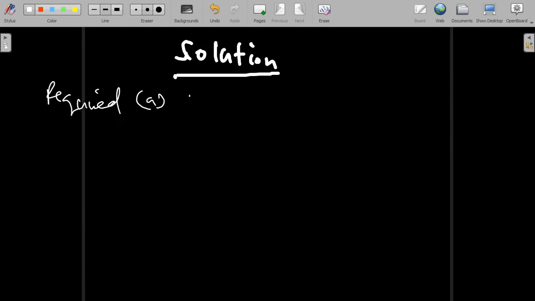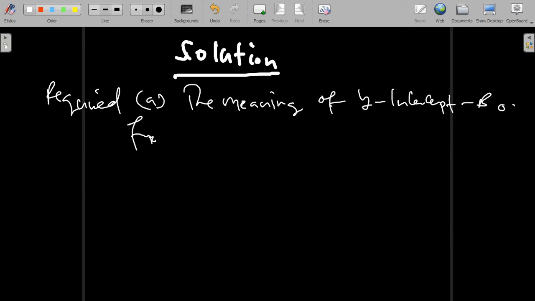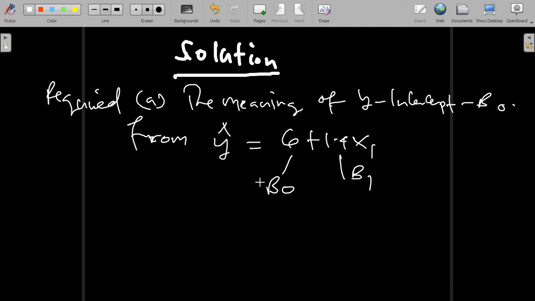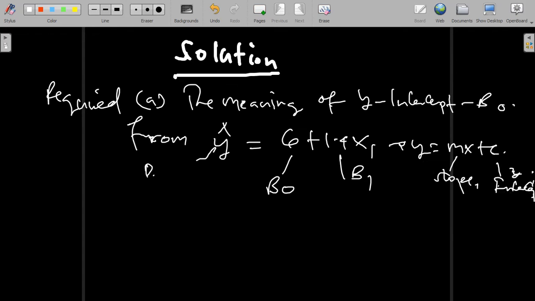Solution. For part A, we are required to bring out the meaning of the y-intercept, sometimes called beta naught. From our regression model, y estimated is equal to 6 plus 1.4x1, where 1.4 is beta 1, the slope coefficient, and 6 is beta naught.